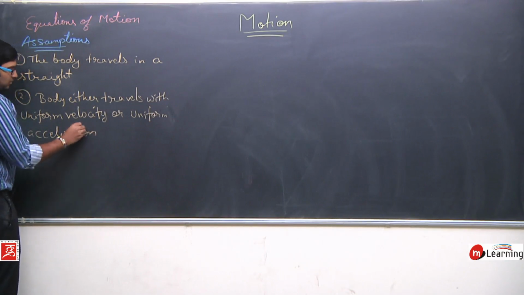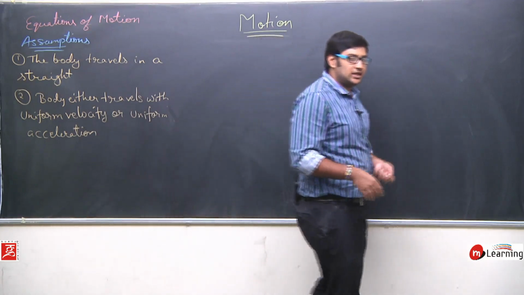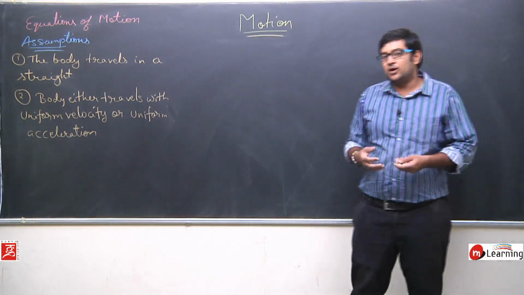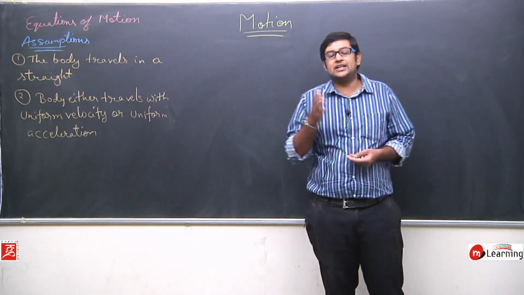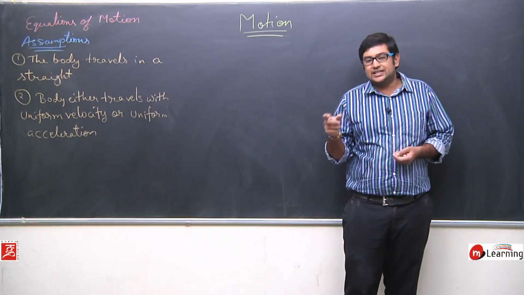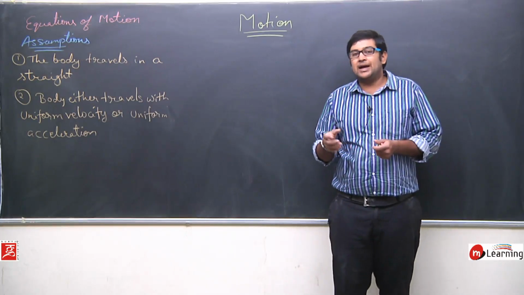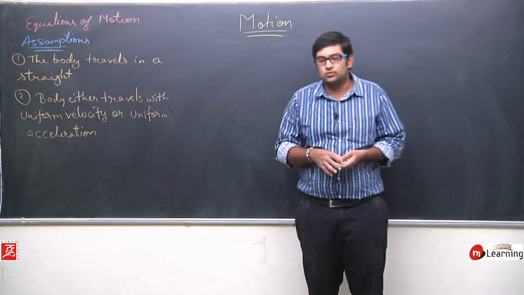That is, either the body can travel with a constant velocity, that is uniform velocity, or it can travel with uniform acceleration, that is, the velocity is getting increased, but the velocity is increasing or decreasing by the same rate, by a constant value.